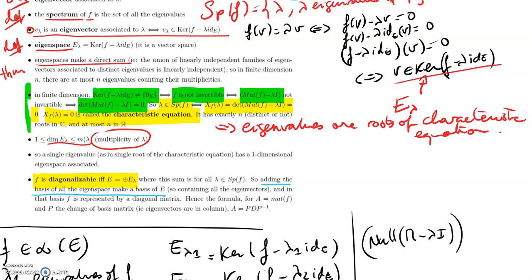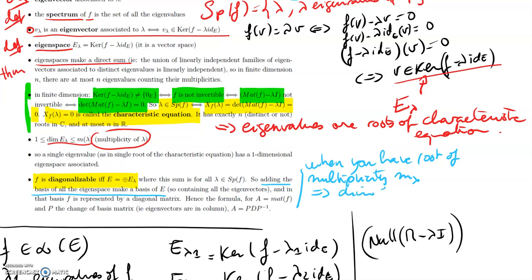Now the problem comes when you have multiple roots. So what you should remember: when you have a root of multiplicity m lambda, you need the dimension of the eigenspace to be equal to m lambda in order to make the diagonalization possible.